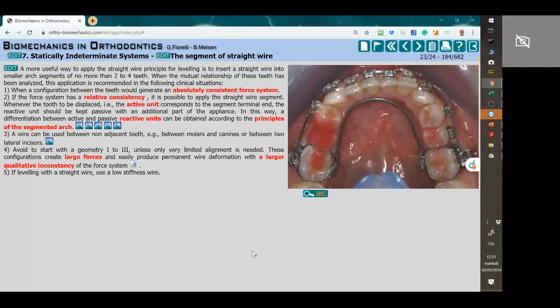Once you are able to understand the geometries and which forces and moments are generated, you can understand whether a wire is starting to move a tooth in the right direction or not. So you can understand whether there is an inconsistency in the force system.